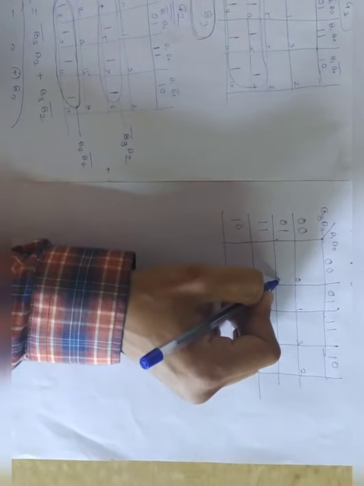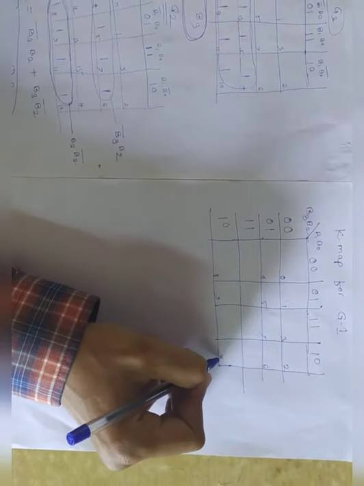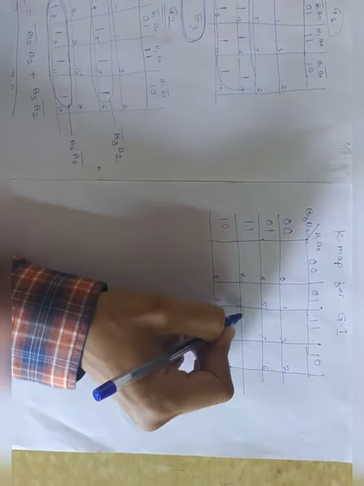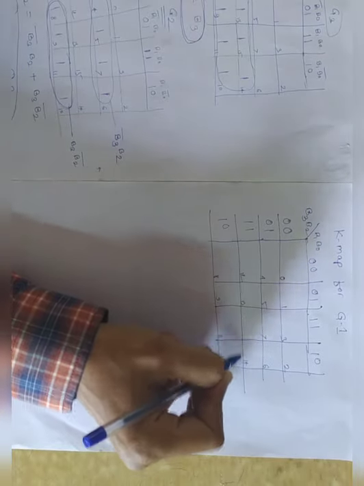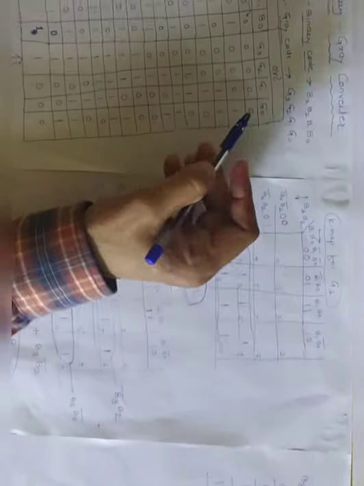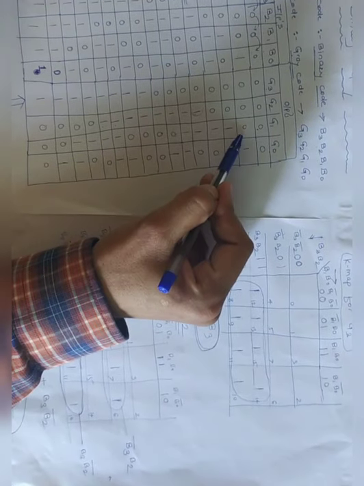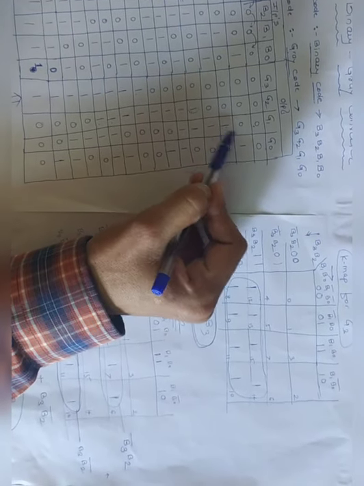This is the standard format of the K-map. Now place the numbers 0, 1, 2, 3, 4, 5, 6, 7, 8, 9, 10, 11, 12, 13, 14, 15. Now you have to put these ones.